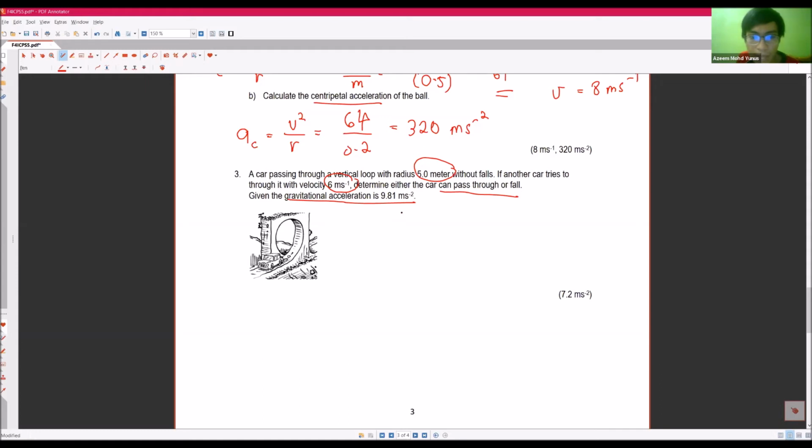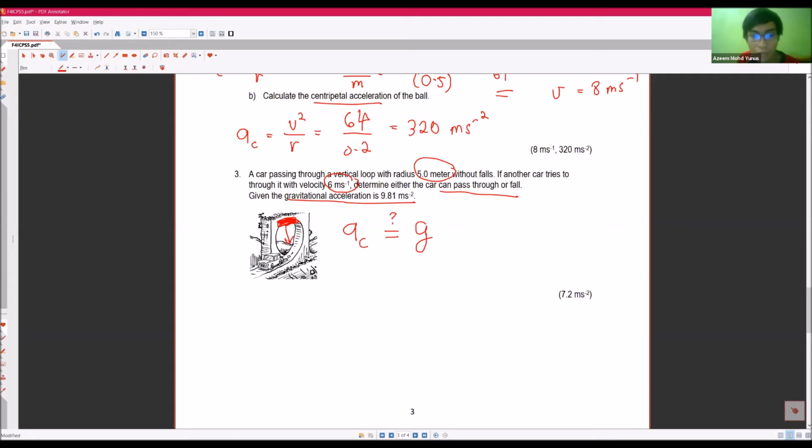So basically we want to check whether our centripetal acceleration equals or exceeds the gravitational acceleration, because we want to act against the gravitational acceleration, so that when the car is at the maximum height here, it will not fall.